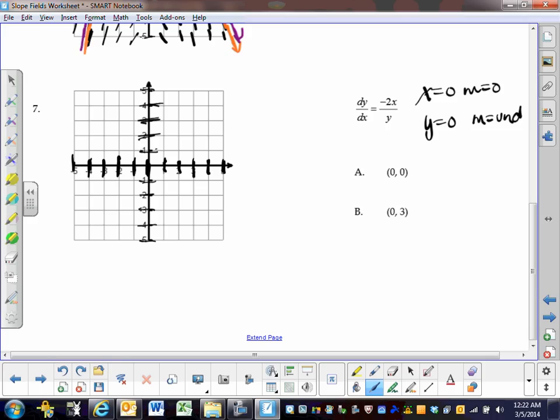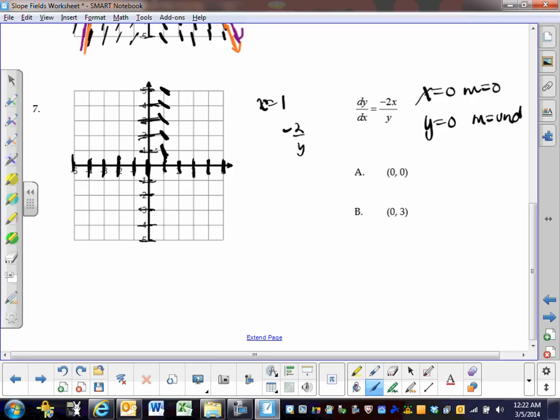And now if I were to try to make points here, if x were 1, let's let x equal 1 the whole time, then we'd have -2 over y. So -2 over 1 would be -2, -2 over 2 would be -1, negative 2 over 3 is negative 2/3, negative 1/2, negative 2/5.